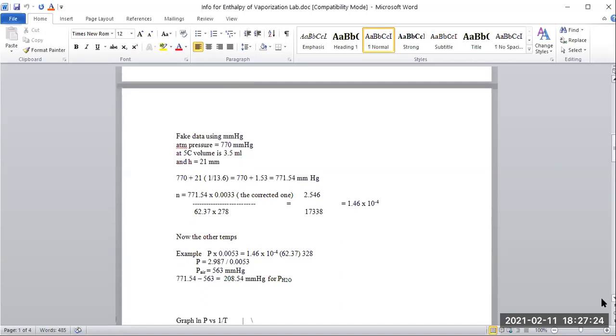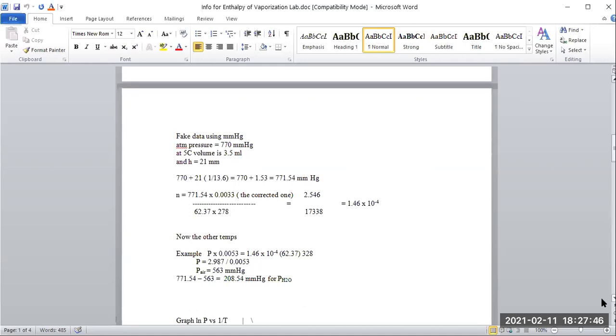Now, you actually have to do it for all the other 6 data points too, okay? So after you do this first calculation, ignore the 5 degrees Celsius one for the rest of the data. Keep your n value. Don't change your n value.